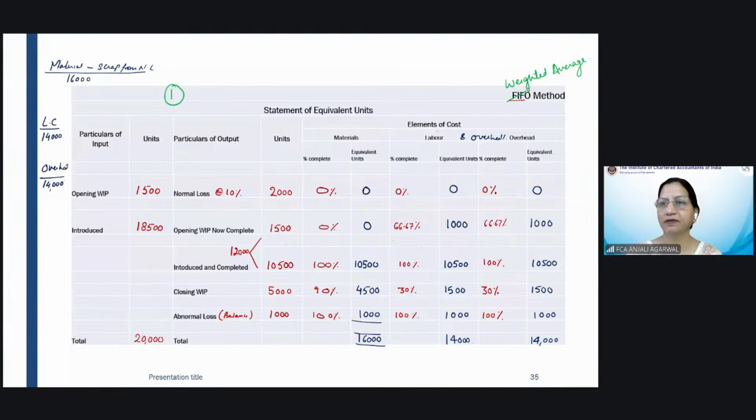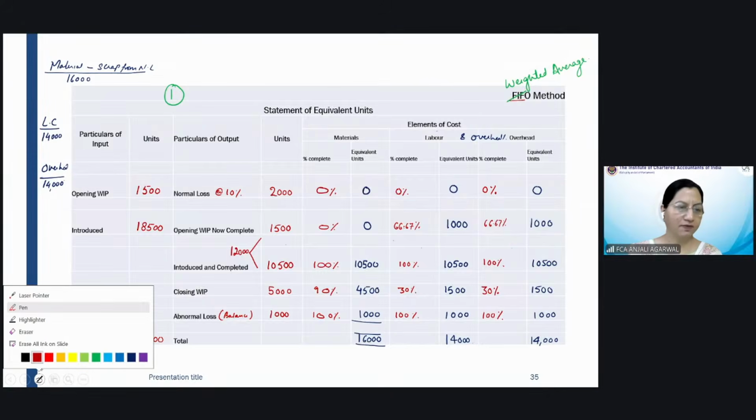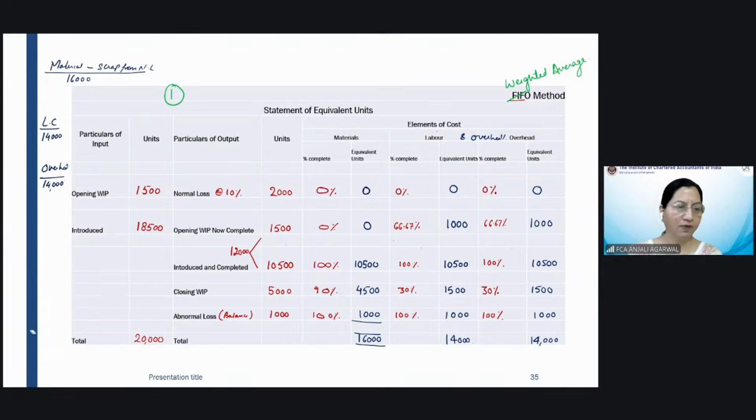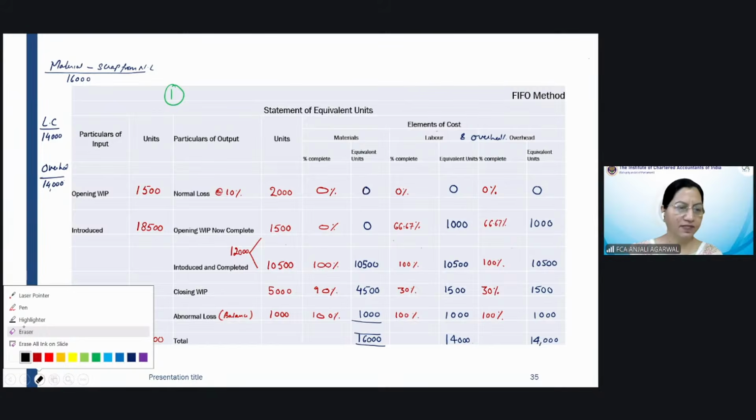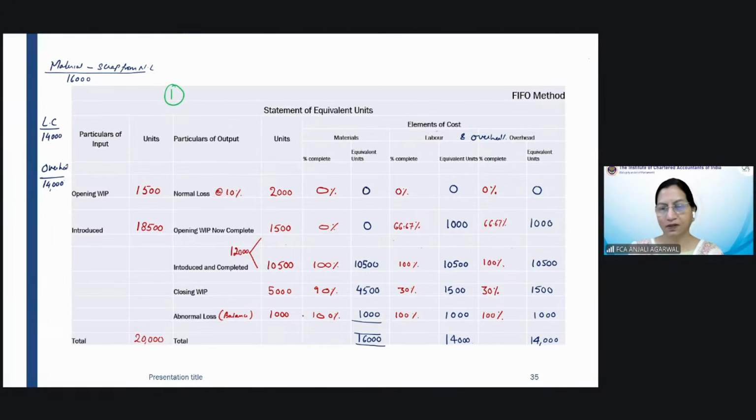So you will just write here weighted average and just don't bifurcate the 12,000 into opening WIP now complete and introduced and complete. Simply say units completed and transferred to next process.